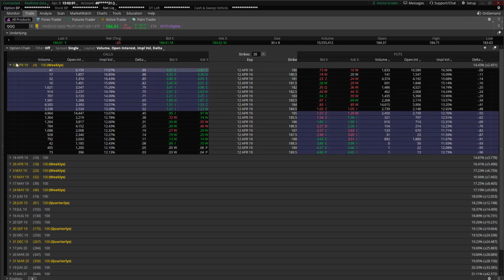With 4 days to expiration, that would put us at 412 for Friday, and you can see the expected move is $2.45. Now we want to round up and we'll call that 2.50. That means that the QQQs could move down 2.50 or they could move up 2.50. So that gives us a $5 wide expected move between now and Friday.